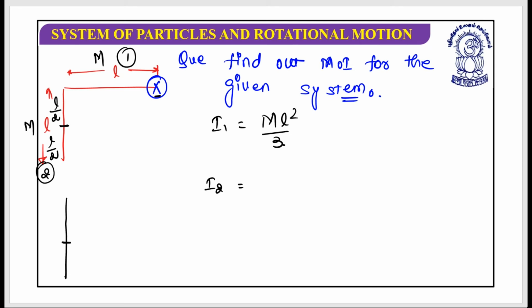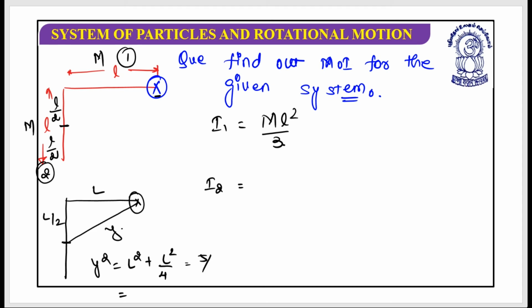This is the center of mass location, and this is the rotational axis. Let's say this distance is y, this is L, and this is L by 2. So y square should be equal to L square plus L square by 4, which is 5 by 4 ml square.